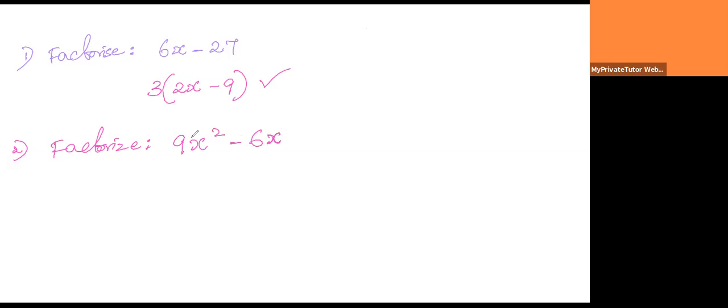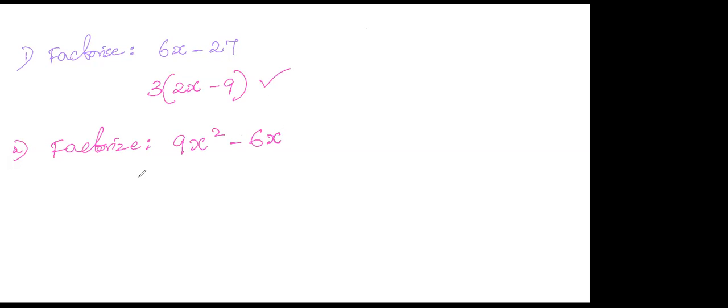We need to take out the common term. What is the common term? Sir, first what we can do, you see the 9x square, we have to multiply 9 twice, so 9 times 9 will be 81.